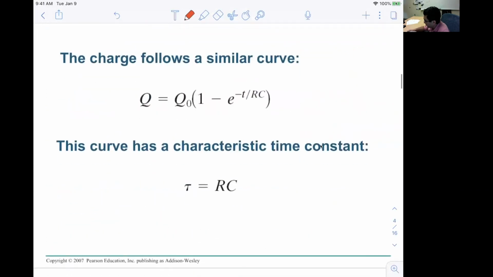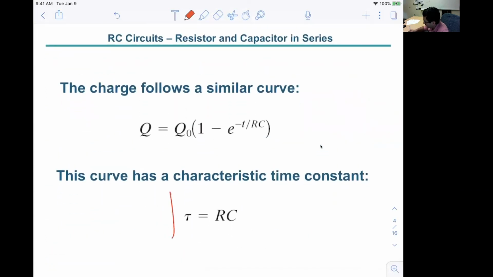So the most important part is this time constant, RC. How fast you can fill the capacitance depends on the capacitor and the resistor. Let's say if you have a small resistor, then the current is going to be large and you can fill faster, and the time constant is going to be small. Then for the capacitance, if it's low, it's easier to fill, so the time constant is going to be low.